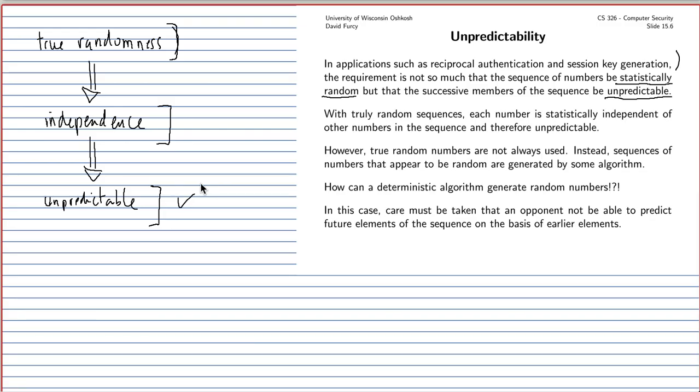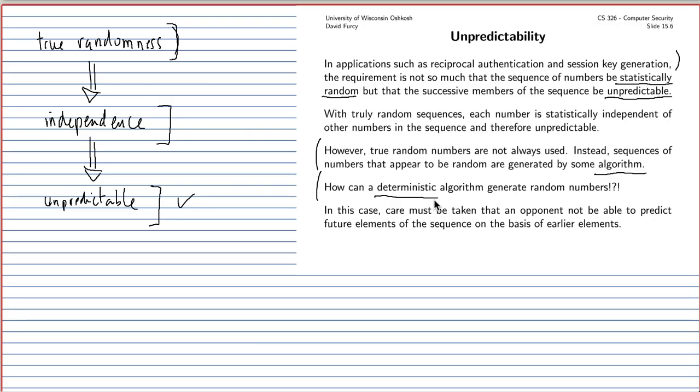And that is the key, because, as we'll discuss later, true randomness is not easy to harness. So instead, what we're going to do is focus on predictable sequences, and we're going to be able to generate those using some algorithm. Now, of course, this looks a little bit contradictory, because how can an algorithm, which by definition is deterministic, produce a sequence of numbers that is random?